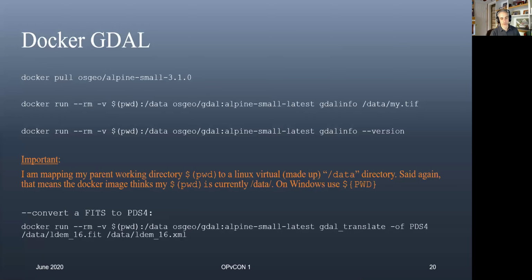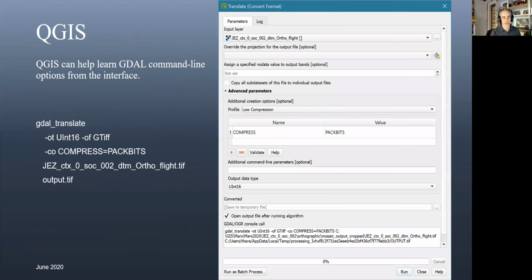You have to have Docker, which probably requires admin installs, but once you have Docker running, it's really easy to test things. I don't know if they support different versions. So just a nice quick tip for learning GDAL.